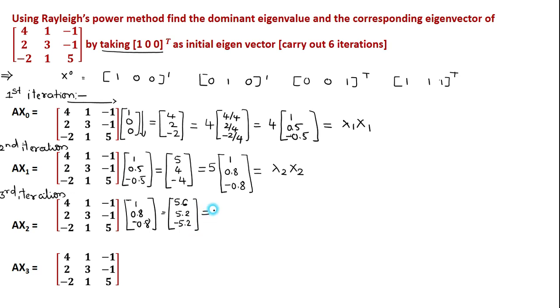Here the largest element is 5.6. Divide all the elements of the matrix by 5.6. We'll get this as 1, 0.9285, minus 0.9285. So this is written as lambda 3 x3. The third approximation for the eigenvalue is 5.6 and the corresponding vector is 1, 0.9285, minus 0.9285.